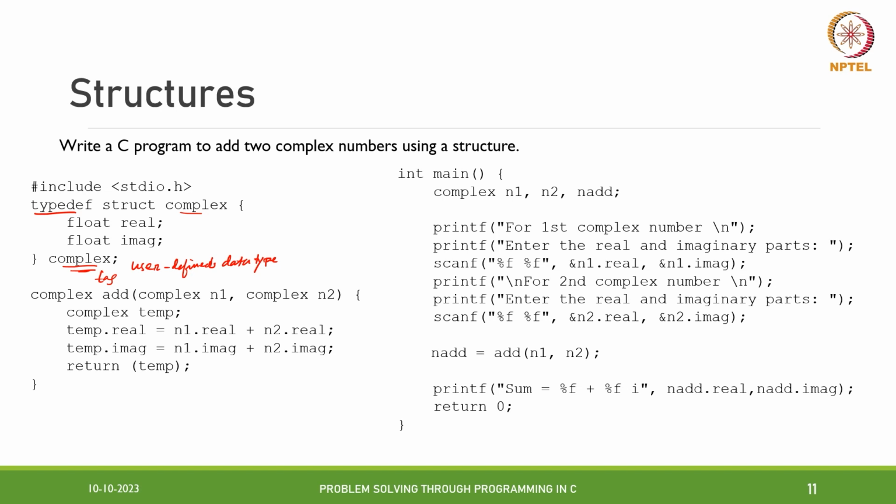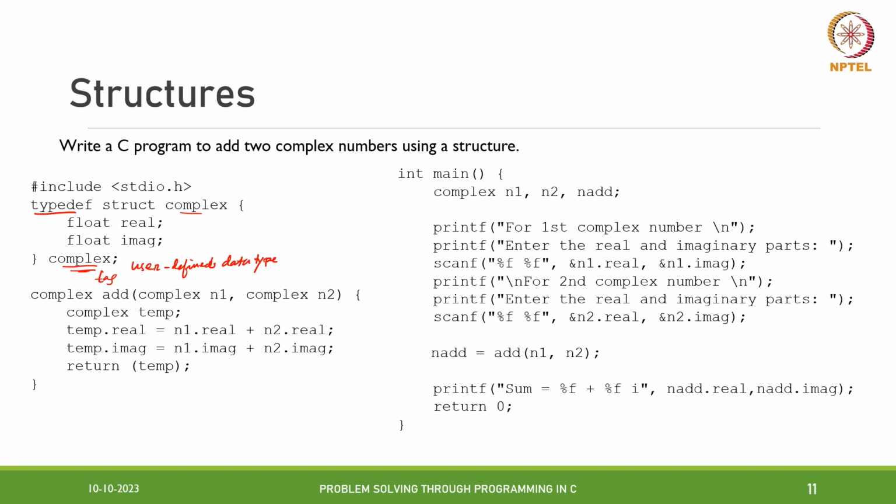I define a temporary value using complex temp, like you define int x. Similarly I just write complex temp, because this is now a user defined data type. Now I add the real parts of n1 and n2 and the imaginary parts of n1 and n2, and then I return this temp to whichever function is calling this add function.